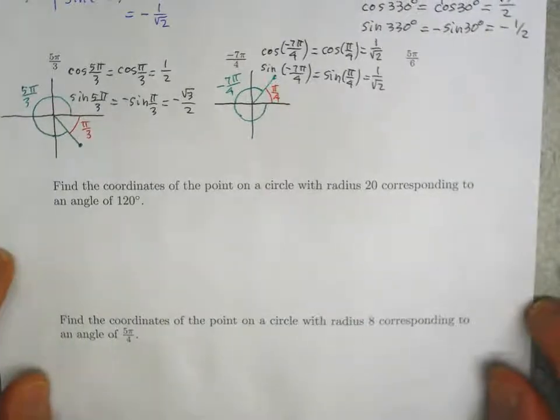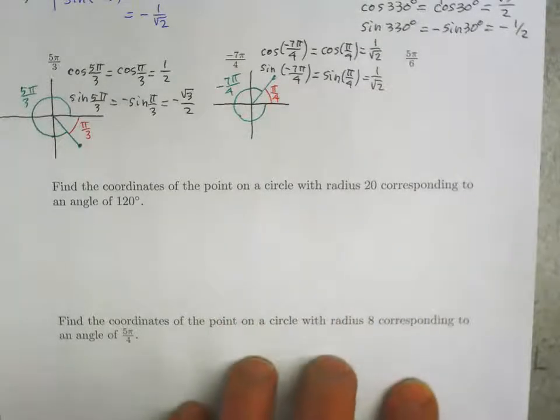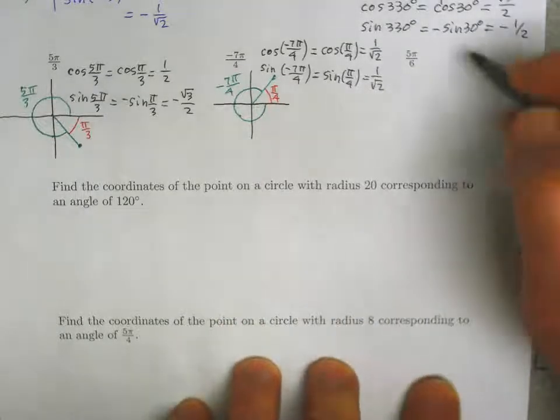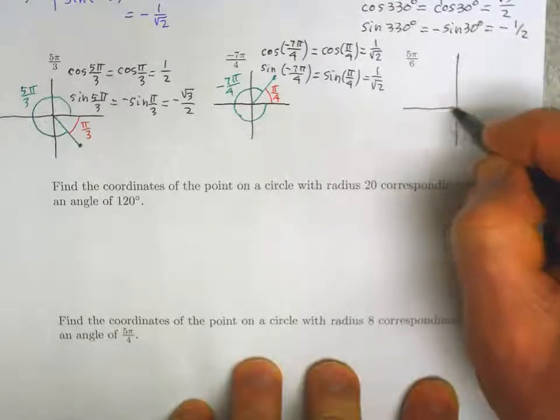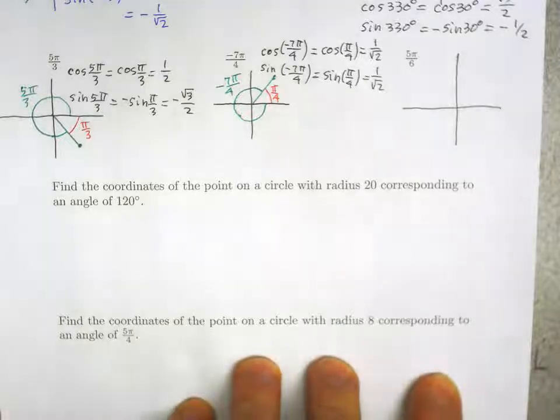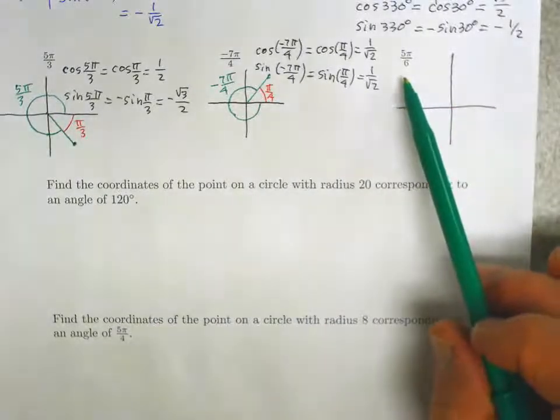Okay, 5 pi over 6. So where is the terminal side of this angle? Notice the fraction 5/6. That's a little bit less than 1.